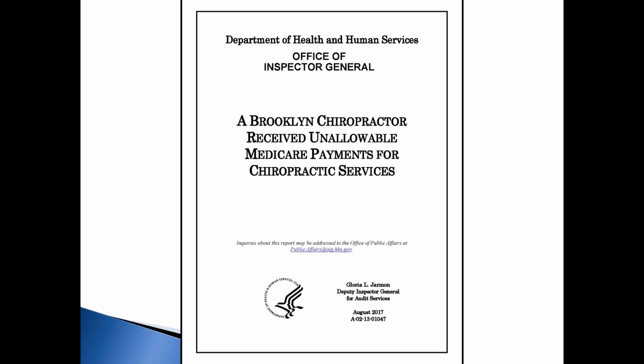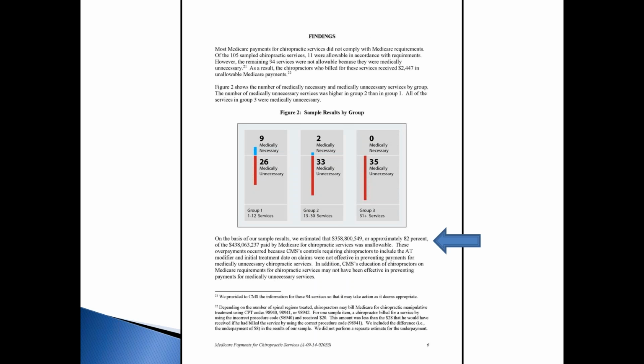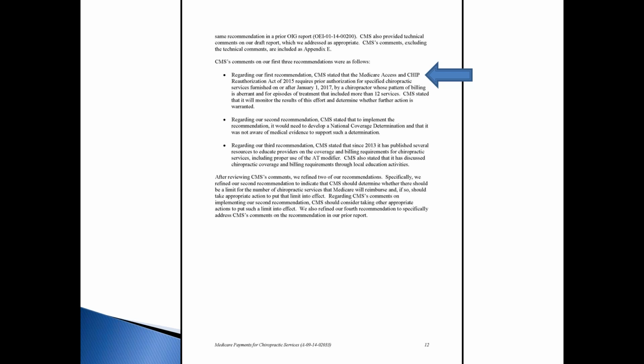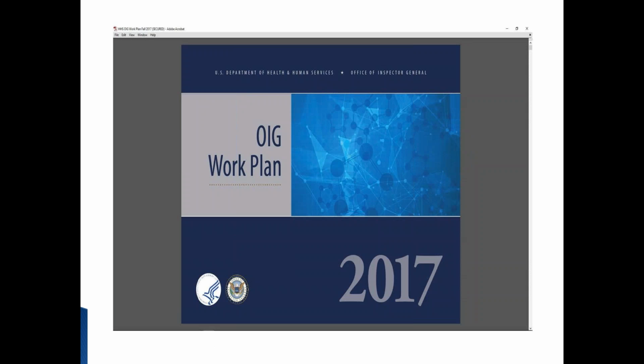So there have been these reports and analysis, and the OIG report from August of 2016 revealed that they're going to be taking some action steps, and they're going to be increasing audits on chiropractic services based on these reviews, and based on this is the OIG work plan.